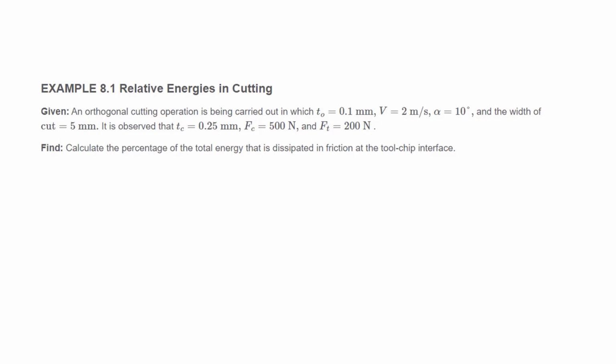After I calculate my total R, I can calculate my F. First calculate FC: this equals 538 cosine of beta minus alpha, and alpha equals 10 degrees, so beta minus 10 degrees.